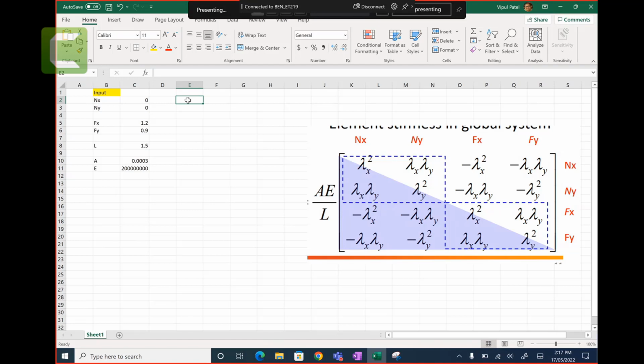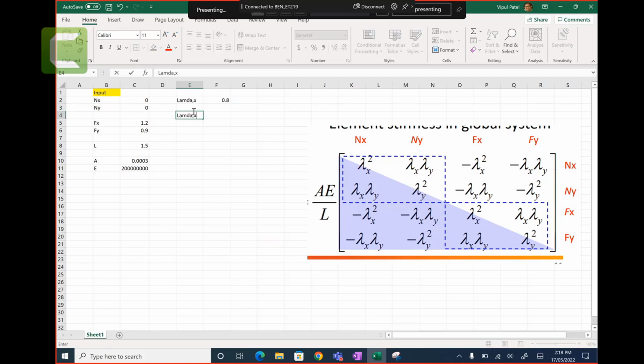Let's do the lambda x, which is 1.2, take away fx minus nx divided by length. Right, so you equal to bracket fx minus nx is lambda x. Enter.